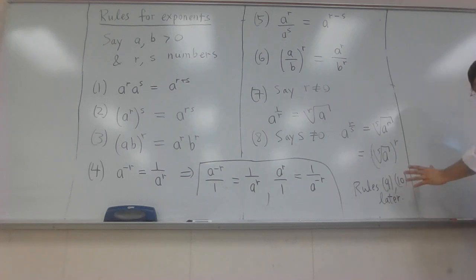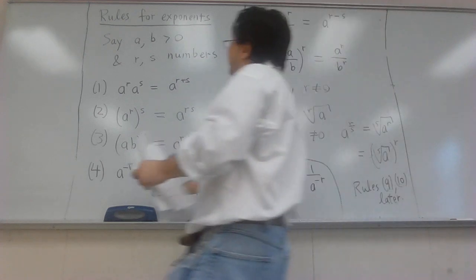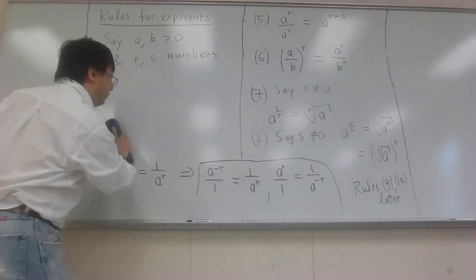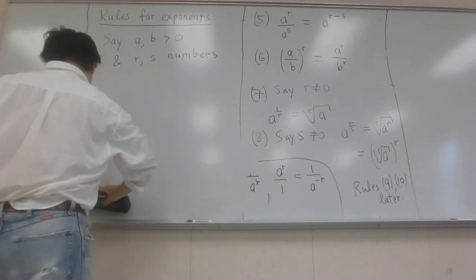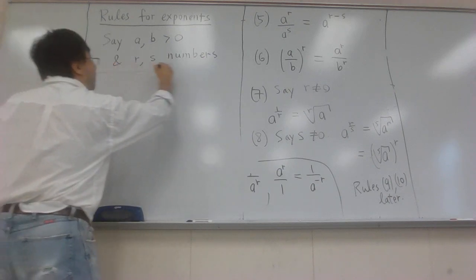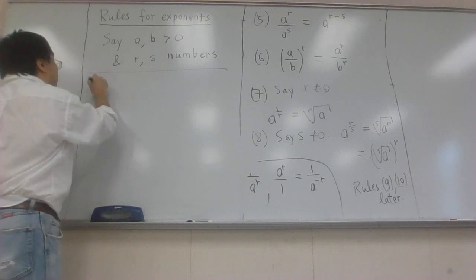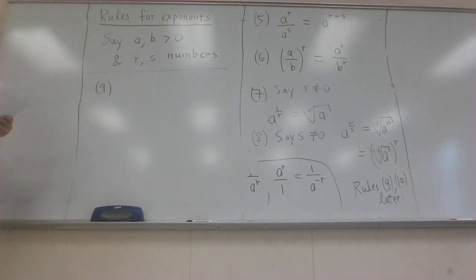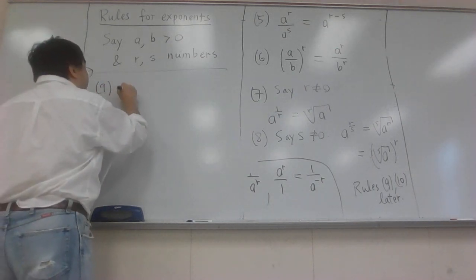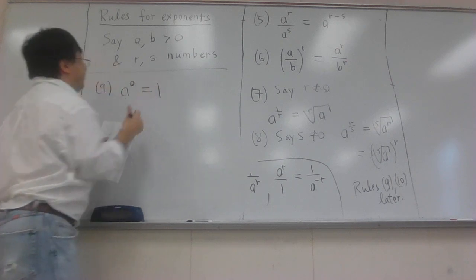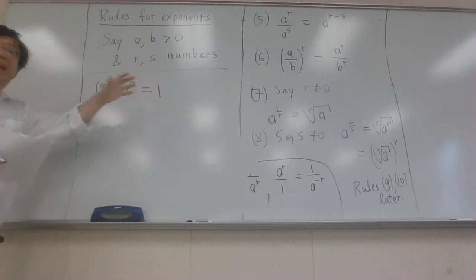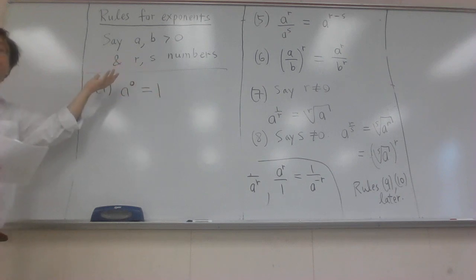Okay, now let me talk about rules 9 and 10. Rule 9 says that a to the power of 0 is 1. Anything non-zero to the power of 0 is 1.